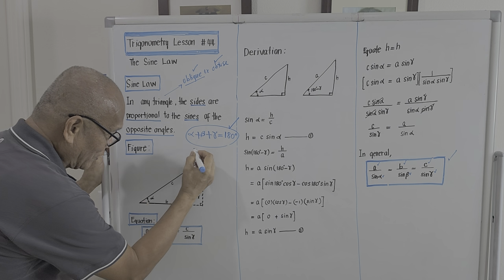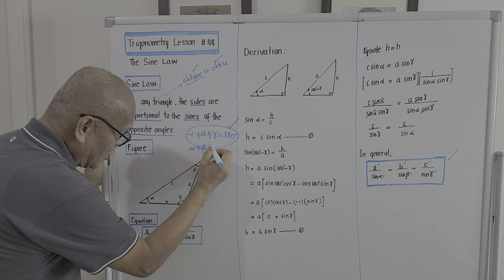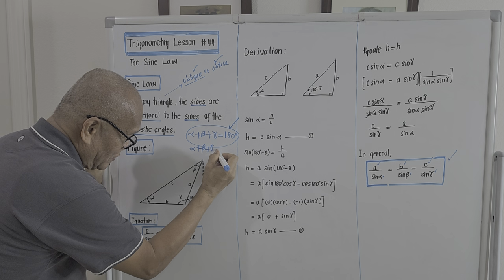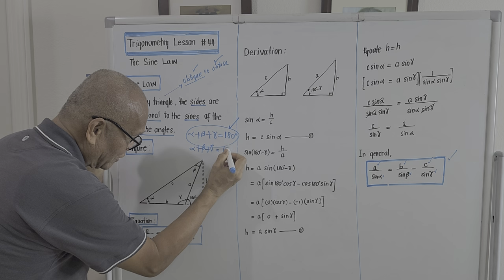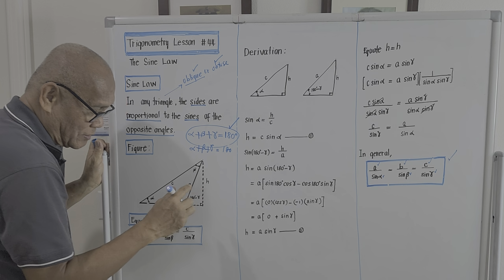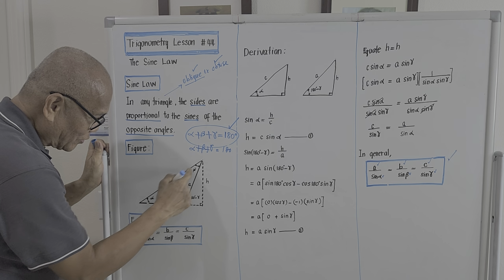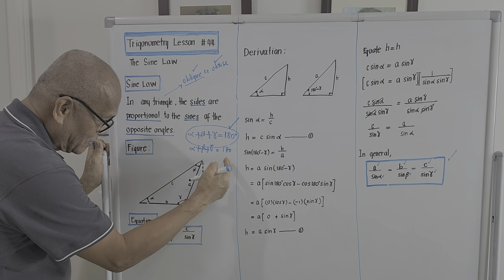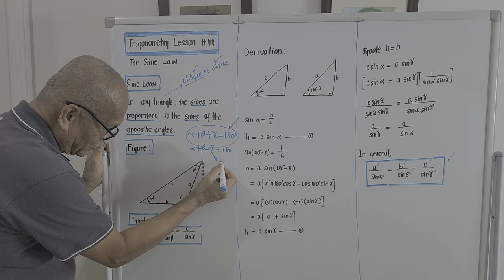Under the so-called right triangle, the summation of the two interior angles, excluding the 90 degrees, will become equal to 90 degrees.